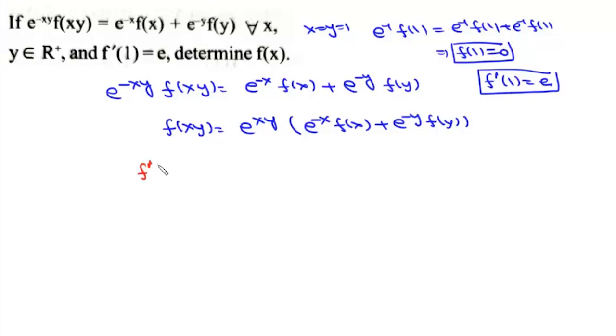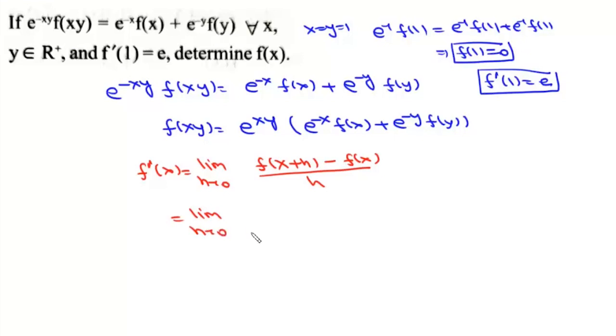We'll write f dash x as this limit, h tends to 0, f(x plus h) minus f(x) upon h. We are going to write this as limit h tends to 0, and we'll take this x common, it will be f of x into 1 plus h upon x, minus f(x), by h.